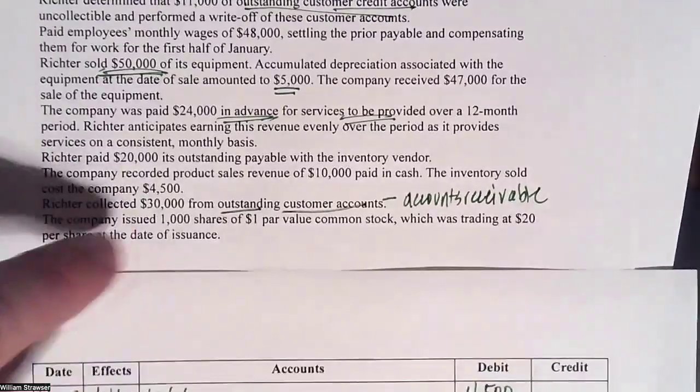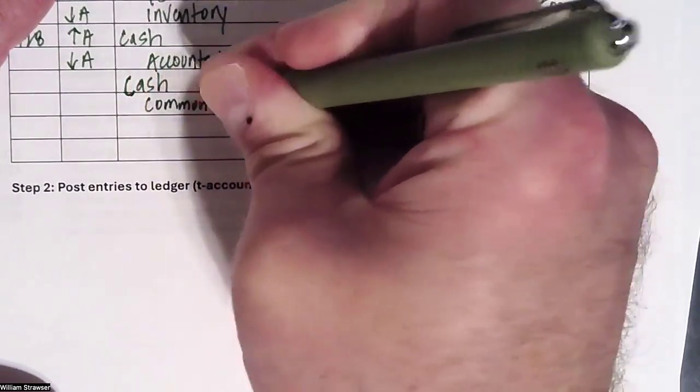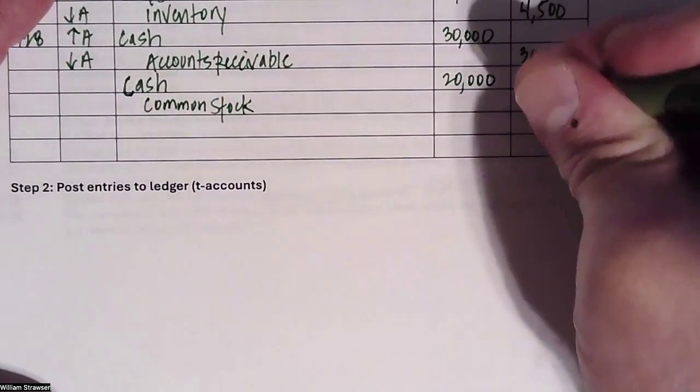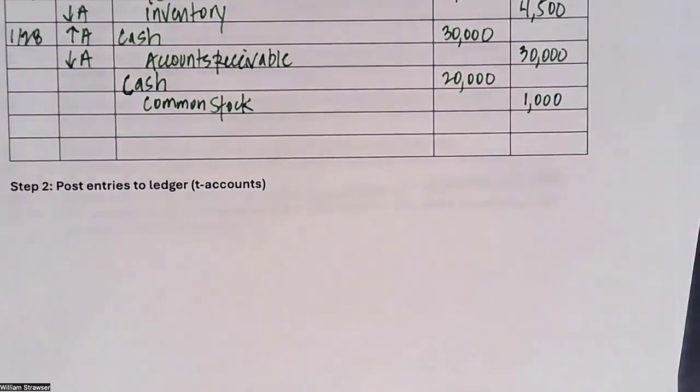But here, a $1 par value for 1,000 shares, what that ends up doing is just limiting the amount that we put into a common stock account. So 1,000 shares with a $1 par value is just $1,000. Now, we're missing, of course, $19,000.